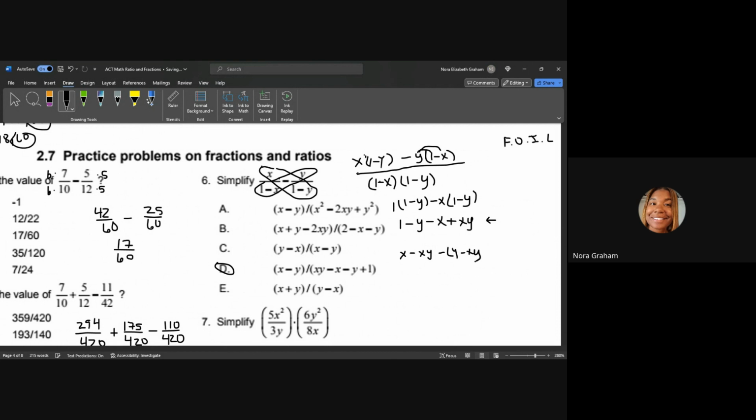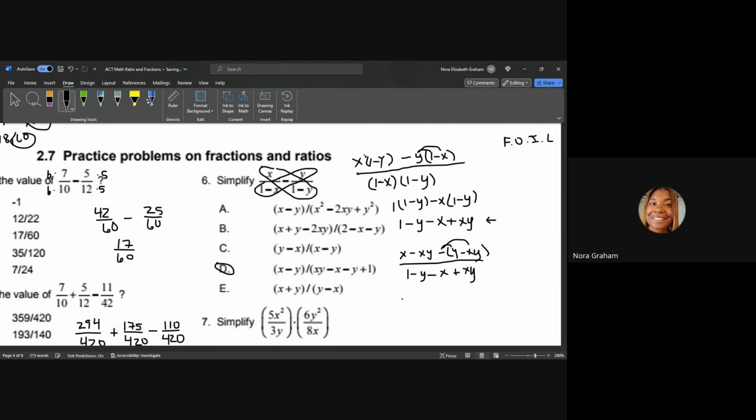And this is all over my denominator that we just found. I can write it in this form too, but let's just keep it how we have it right now.